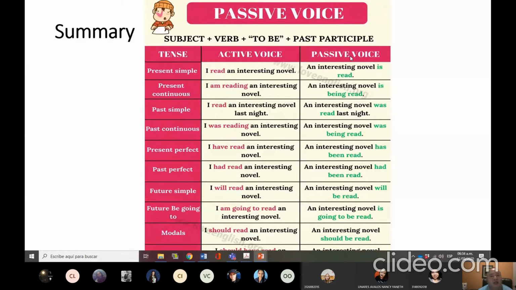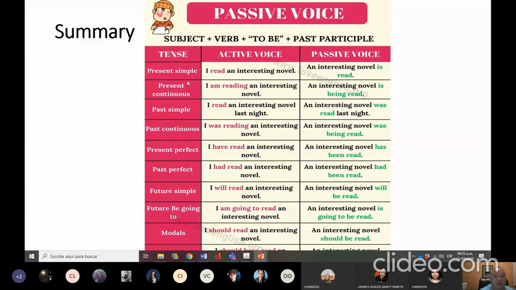In passive voice, the focus is the action rather than the doer. Who does the action? So that's passive voice in English. And we say, an interesting novel is read by who? By me. But in this case, the information by me is not relevant. So if the doer of the action is not relevant, we use passive voice instead of active voice.